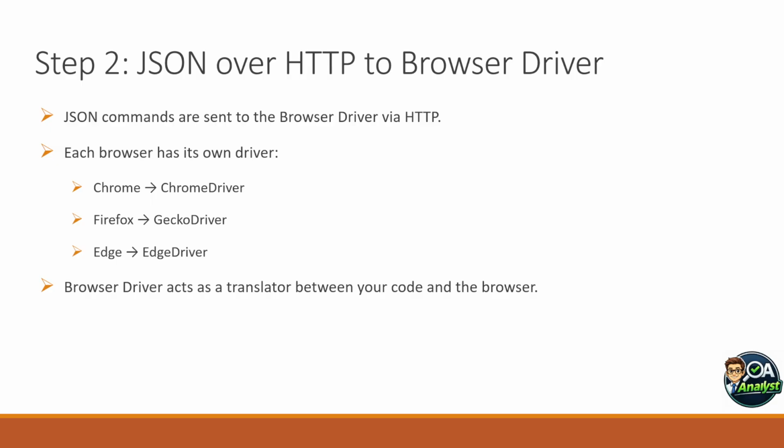For example, Chrome has ChromeDriver, Firefox has Gecko driver, Internet Explorer has Internet Explorer driver, Microsoft Edge has Edge driver, Safari has Safari driver, and so on. Based on the browser, we have specific drivers defined. The browser driver acts like a middleman or a translator between your Selenium code and the actual browser.